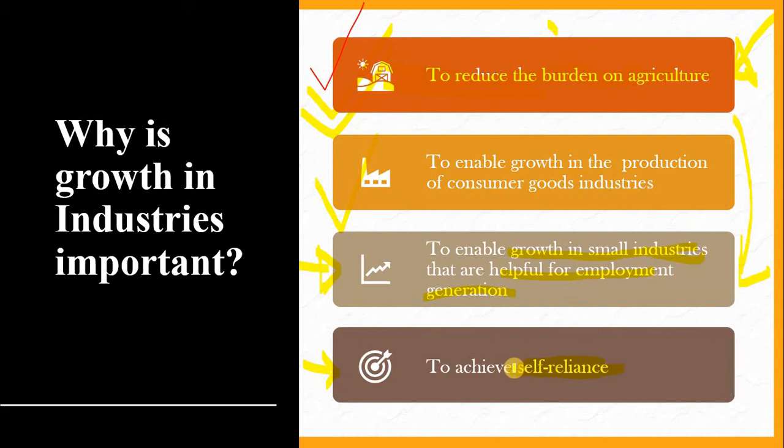So as I told you in the last class, we used to depend on foreign countries for importing wheat. When we got independence, we imported wheat from USA. So more and more tractors, more and more fertilizers, more and more better seeds and technology, Indian wheat farmer was able to produce more wheat. That is how we became self-reliant. Self-reliant means depending on our own ability.